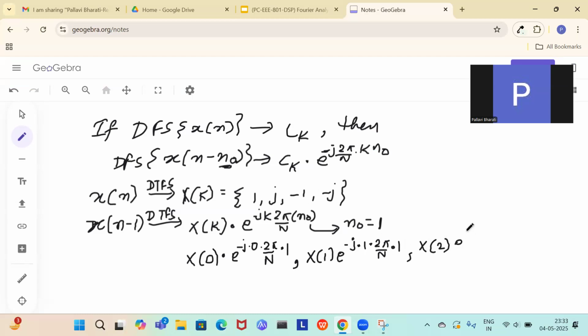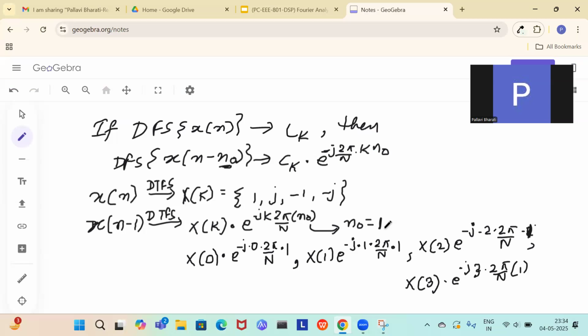This is the third one, X2 times e to the power -j times 2 times 2 pi by capital N times 1. And the last one, the value of k is going to become 3. So it is X3 times e to the power -j times 3 times 2 pi by capital N times 1. Okay, so here there is a small mistake. This is going to be 1.